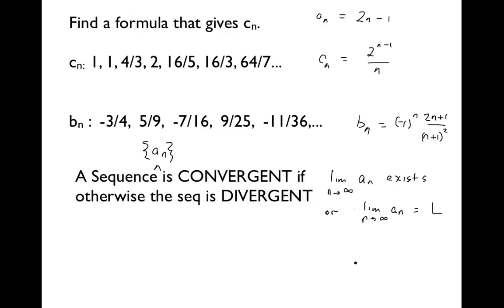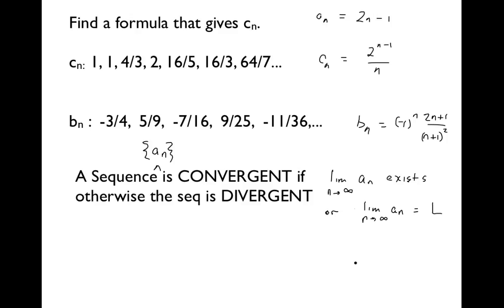Yeah, it could alternate. The even terms could home in on one number, and the odd terms could home in on another number. That's a divergent sequence. The only way a sequence is convergent is if the numbers are getting very close to, and in fact as close as you want, as long as you take enough terms, one particular value.